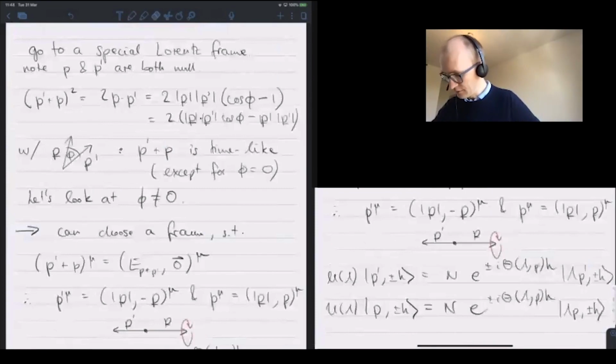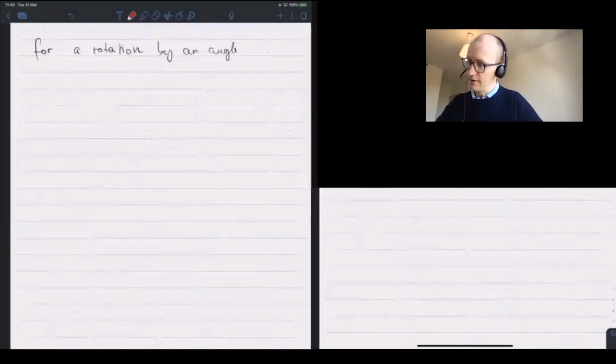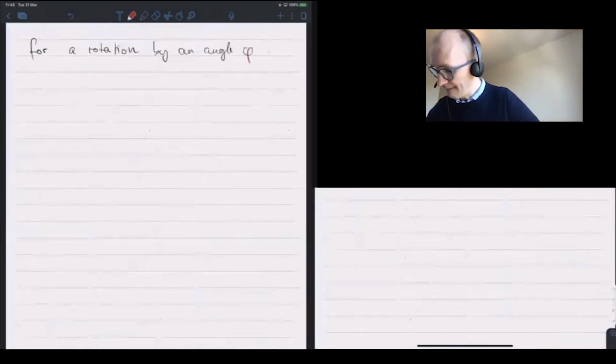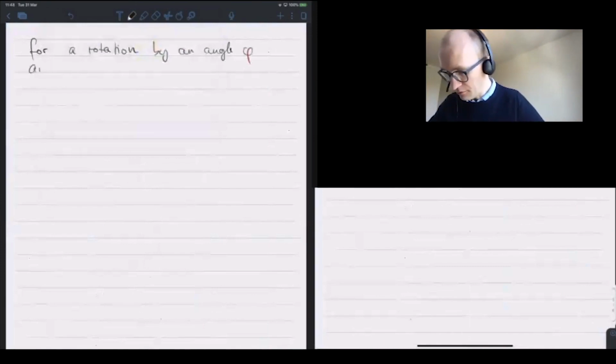I called it phi here, I guess because I wasn't using colors before. Okay, so by an angle phi around P, okay, around the direction defined by the momentum P, we have what?